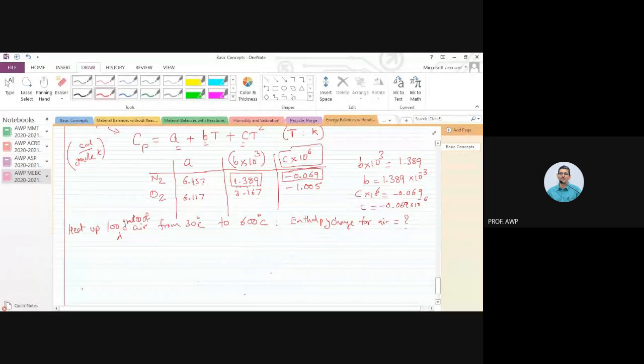Can you tell me? Can you calculate? What is the enthalpy change of air when air is heated from 30 degrees centigrade to 600 degrees centigrade and we have 100 gram moles of air? Can you calculate?